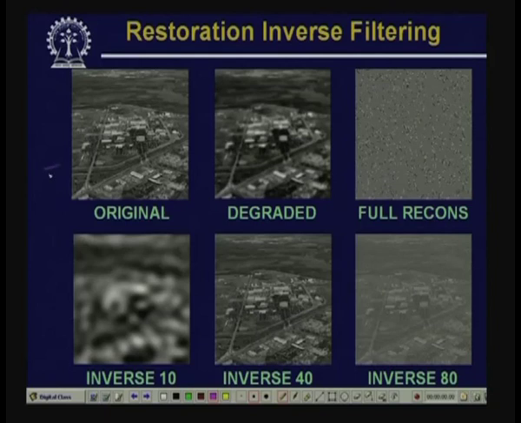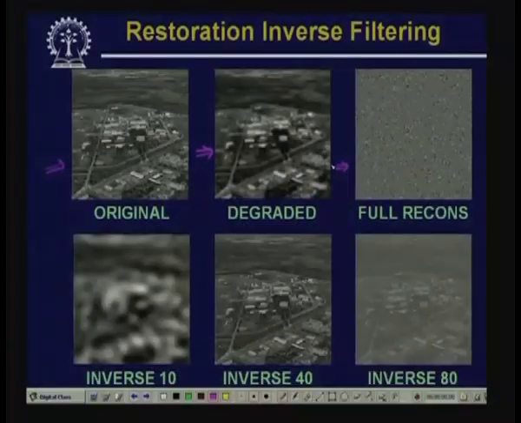So, this is the original image, this is the degraded image, and we said in the last class that, because in inverse filtering the blurring function H(u,v) comes in the denominator, if the value of H(u,v) is very low, then G(u,v) upon H(u,v) becomes very high. So, if I consider all the frequency components, all values of u and v in H(u,v), for inverse filtering, the result may not always be good.